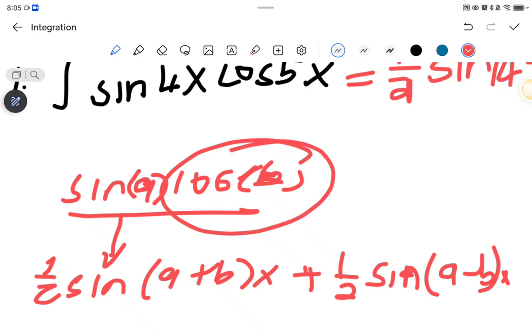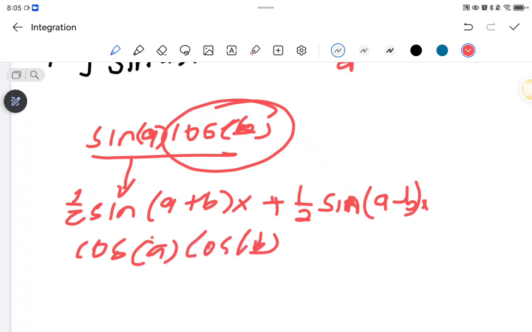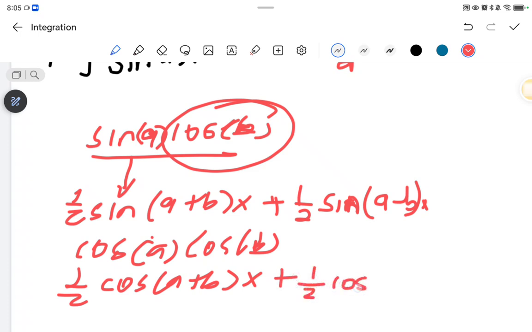Then the one which has cos A cos B will always be the same as this, but we're going to have 1 over 2 cos of (A plus B)x plus 1 over 2 cos of (A minus B)x.